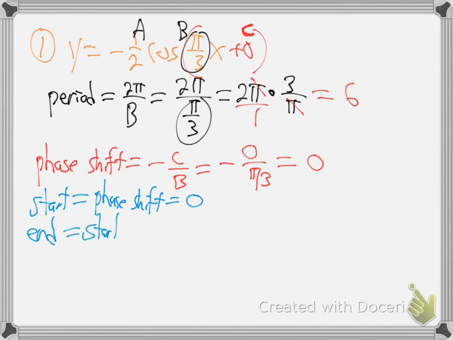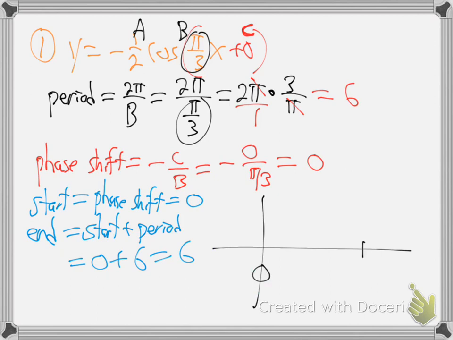At the starting point plus the period, because the period is how wide it goes. So the starting point is 0, the period is 6, so it's going to end at 6. So this graph, when we draw it, is going to start at 0, end at 6. So I've got the width on it. Good so far. Start at 0, end at 6.